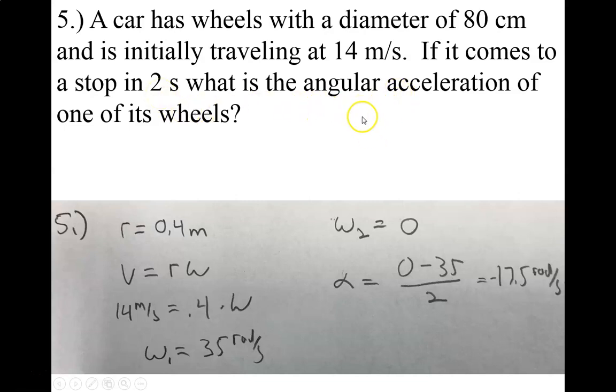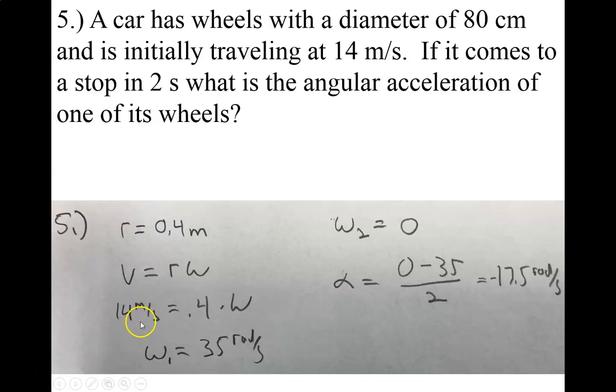Okay. So alpha is the final angular velocity minus the initial angular velocity divided by the time. I know the final angular velocity is 0 because it says it comes to a stop. I'm going to need the initial angular velocity, but all I know is the linear speed. Remember the previous slide? If I'm going between the linear and the angular quantity, I just use the radius. So linear equals radius times angular.